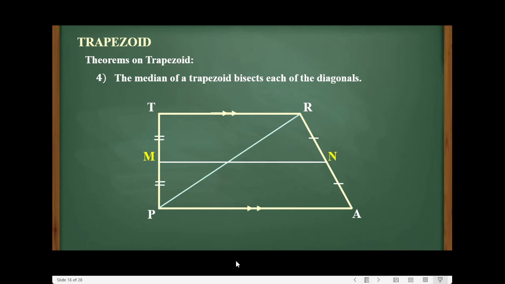Of course, M and N are the midpoints of their respective legs, segment TP and segment RA respectively.